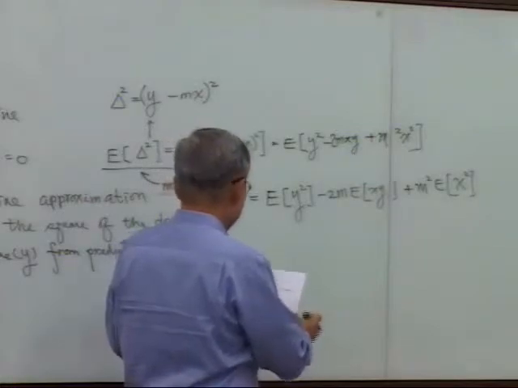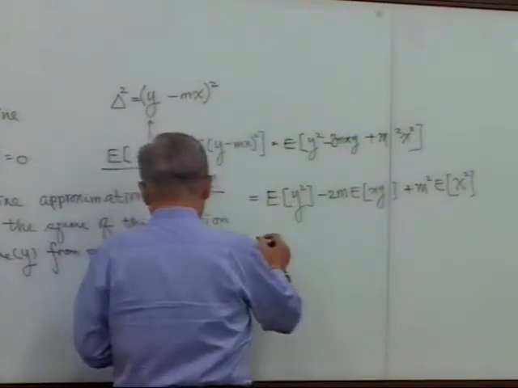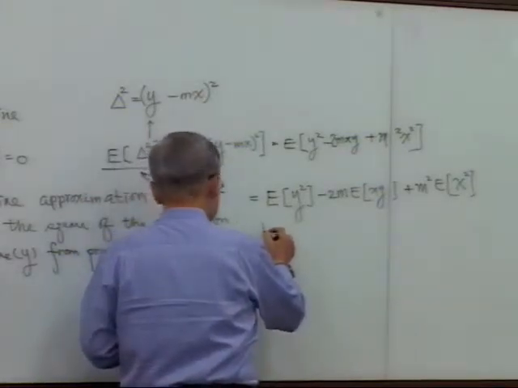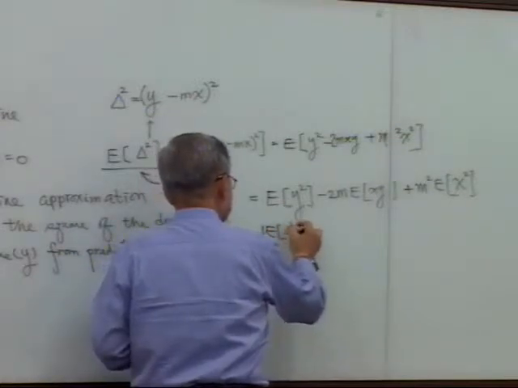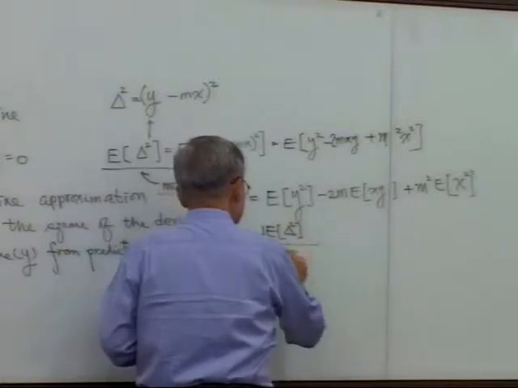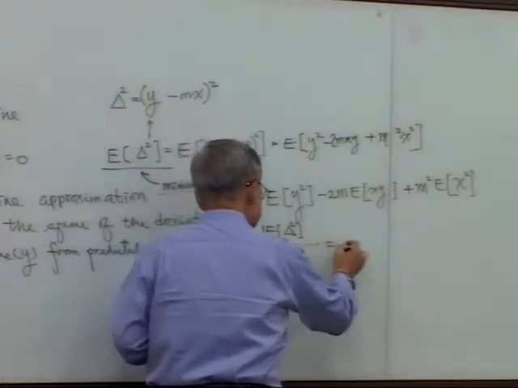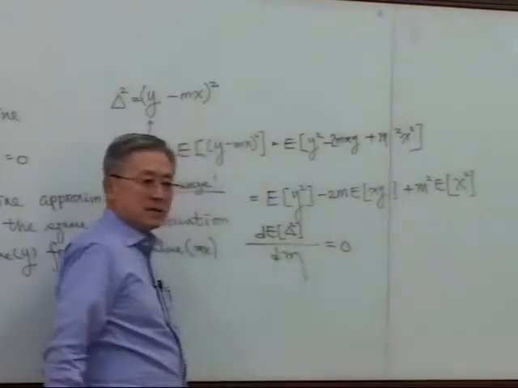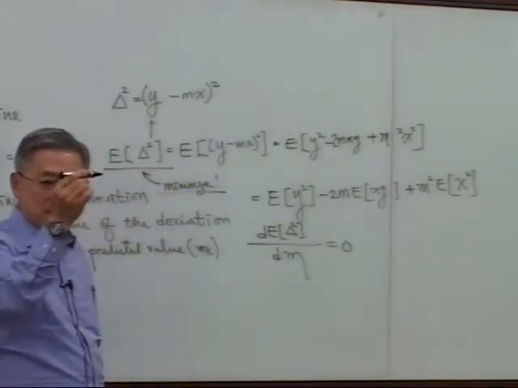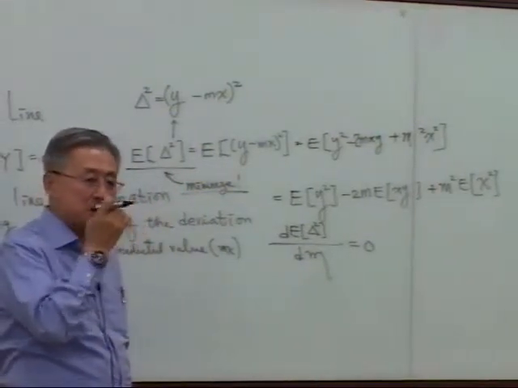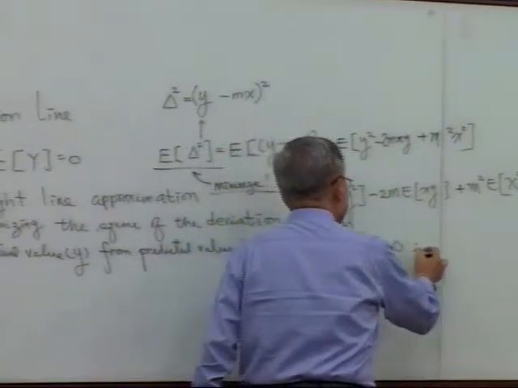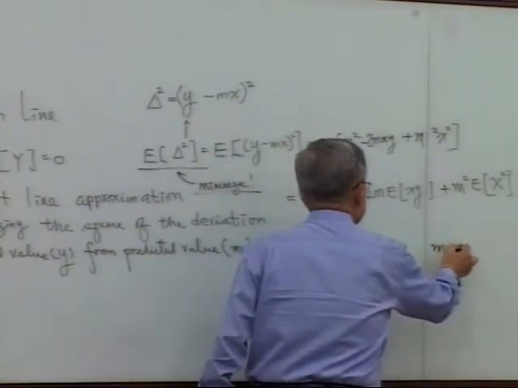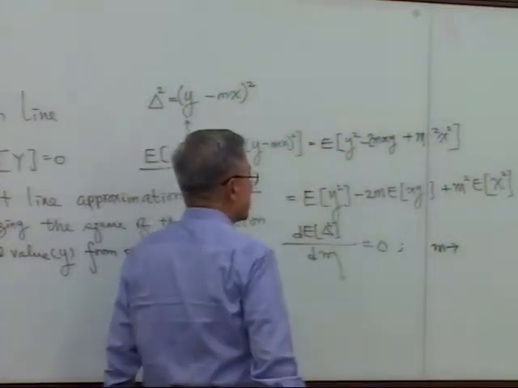Now we're going to take the derivative of the expected delta squared with respect to m and set it equal to 0, which is really the slope of the quadratic equation form, then determine m. That's what you have to do.